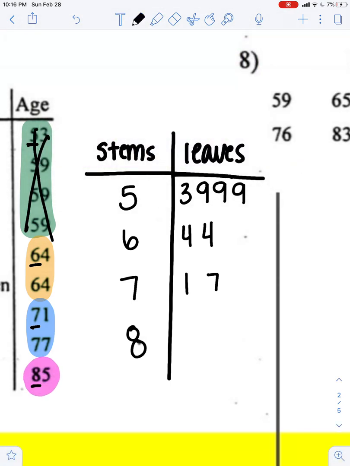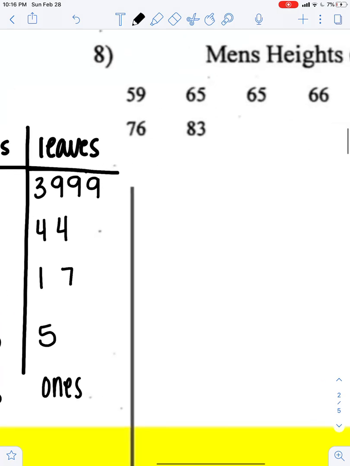And then for the 80s, right there, I have 5. And then down here for my key, I'm going to write tens. Nope, I made a mistake. And ones. Okay, so that's all you have to do, just separate the tens from the ones and go from there.